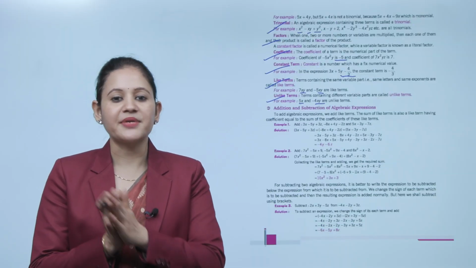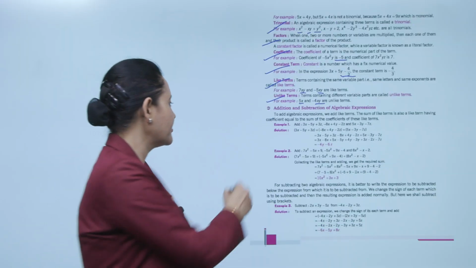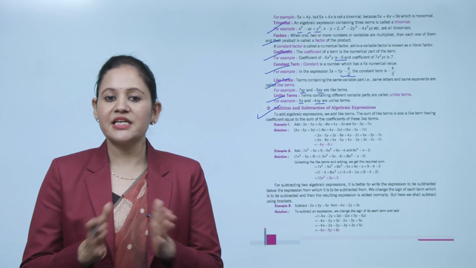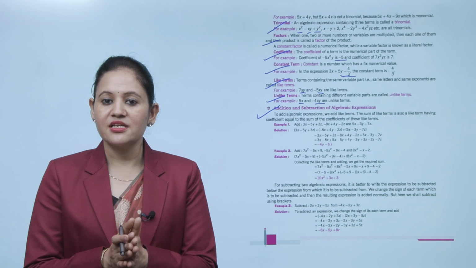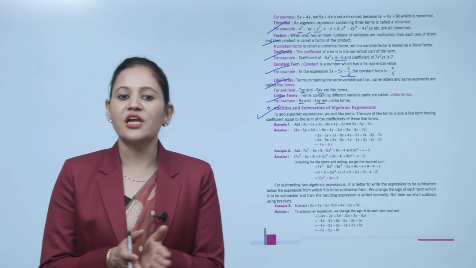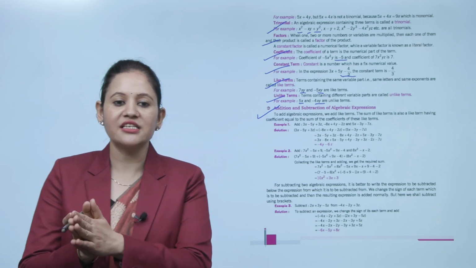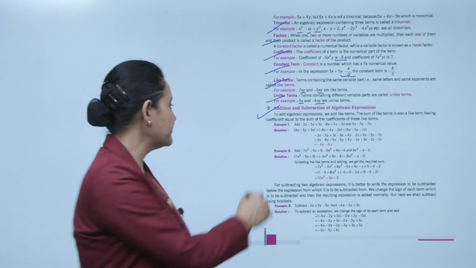Next is addition and subtraction of algebraic expression. To add algebraic expressions, we add like terms. The sum of like terms is also a like term having the coefficient equal to the sum of the coefficients of these like terms. We'll take an example.